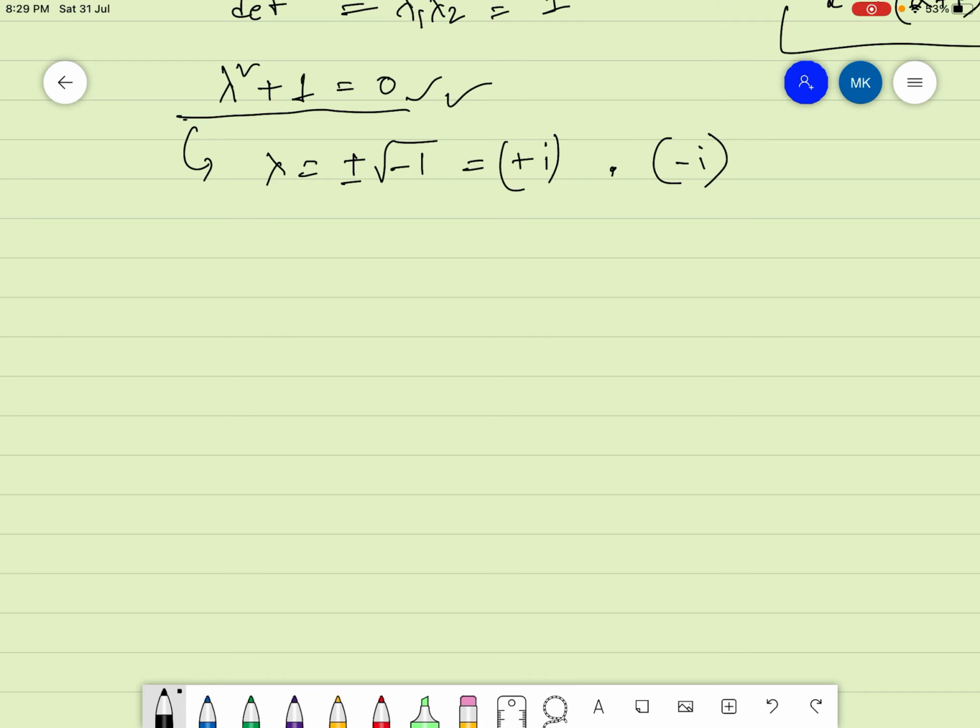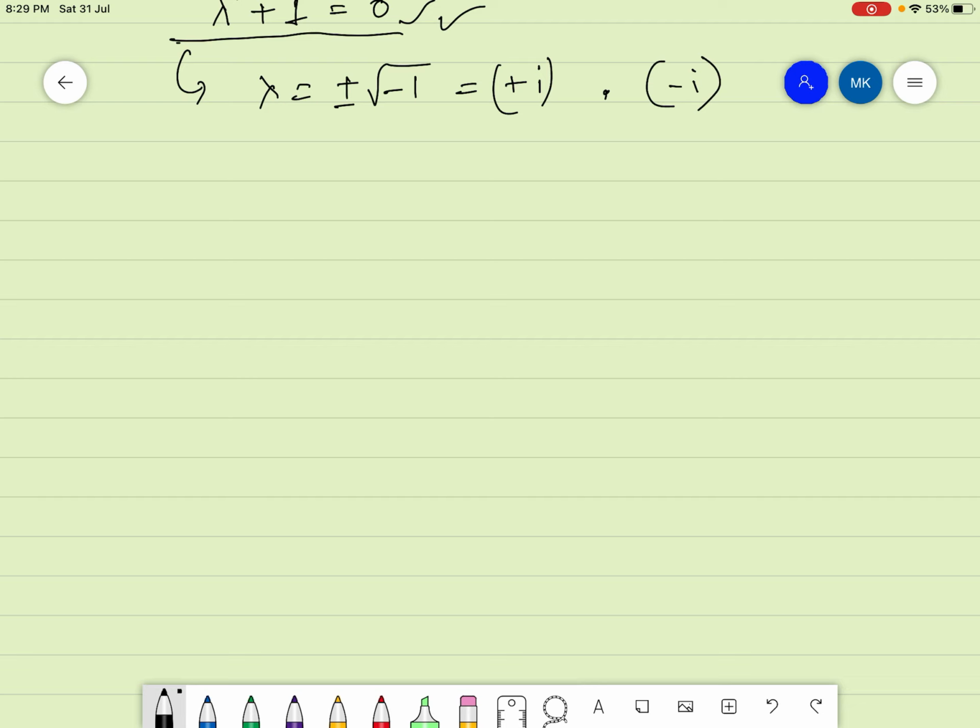Okay. Not every matrix would have multiple eigenvectors. For example, if you take a triangular matrix like this, A equals 3, 0, 1, 3, then lambda 1 plus lambda 2 would be the trace, which is 6, and lambda 1 times lambda 2 would be the determinant, which is 9 minus 1, 8.